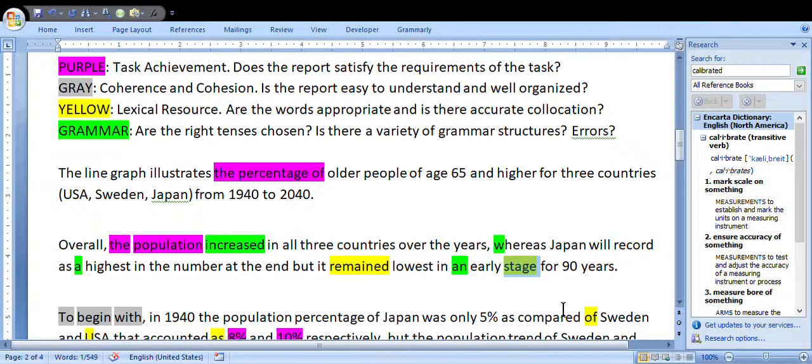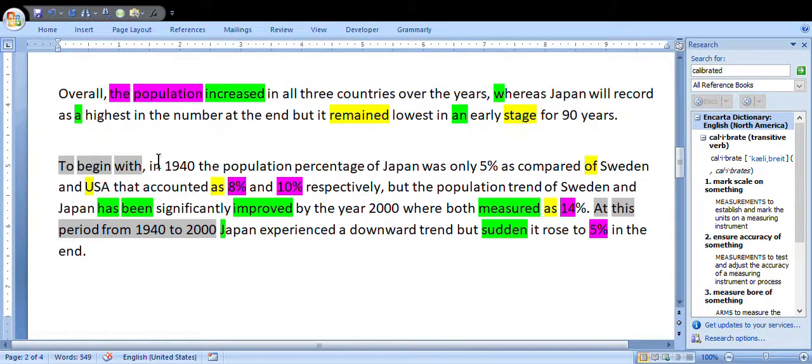When you're looking at 100 years, 90 years is not a stage. It's a period, or most of the time. And just be careful with your vocabulary. Okay, this connector is a great connector to use in task 2 when you're talking about opinions. But it's not one you should use with task 1.